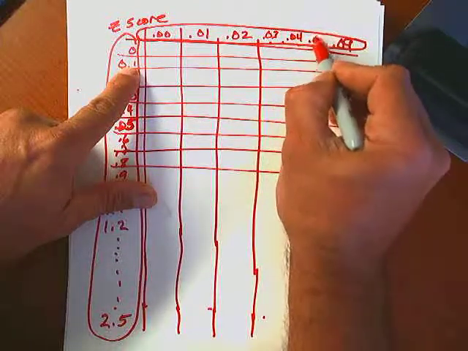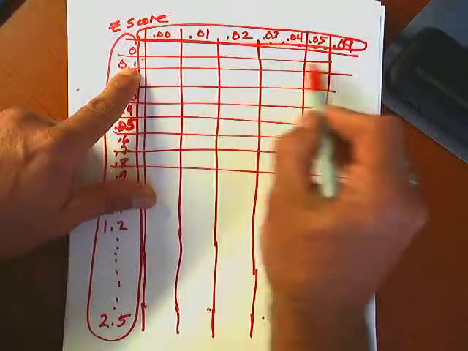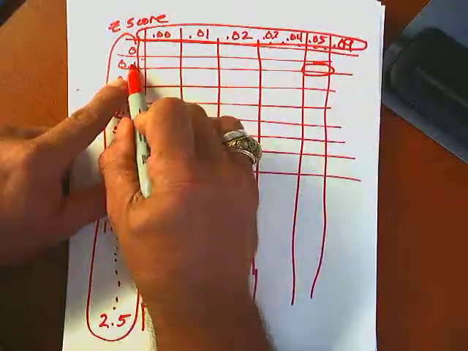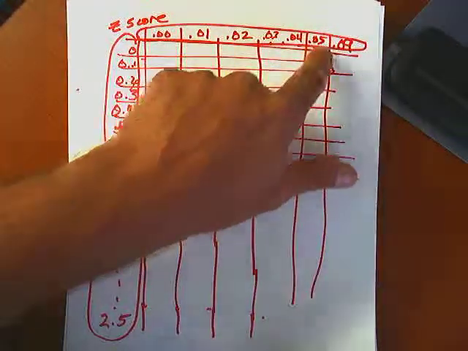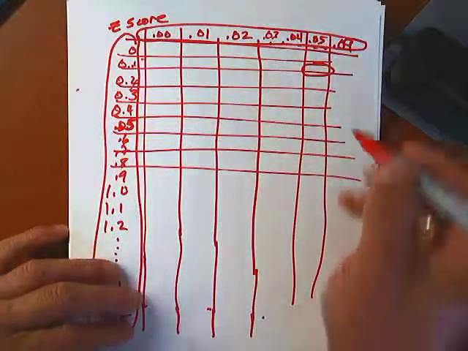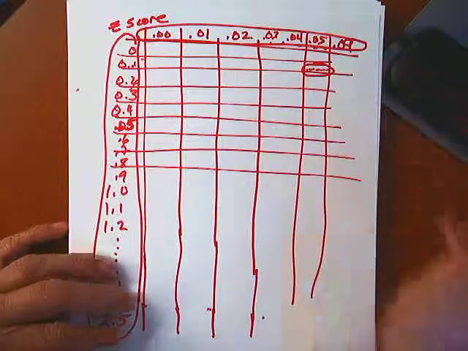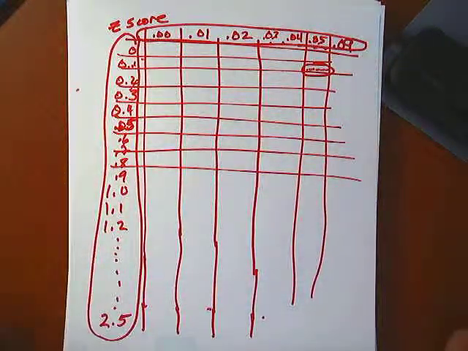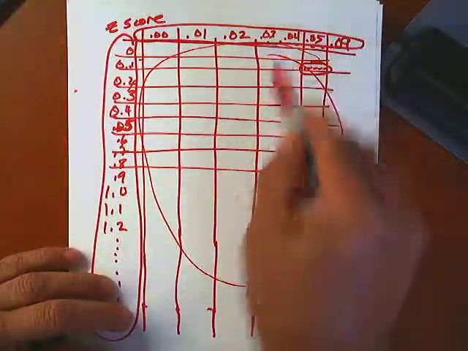Alright, so if I want 0.15 z-score, well, that would be 0.1 and then go over to 0.05, and then you would find the area that corresponds to 0.15. A dime plus 5 cents is 0.15, 15 cents, and that's how you read it. Now these blocks right here are going to be 4 decimal places. So what does 4 decimal places mean?